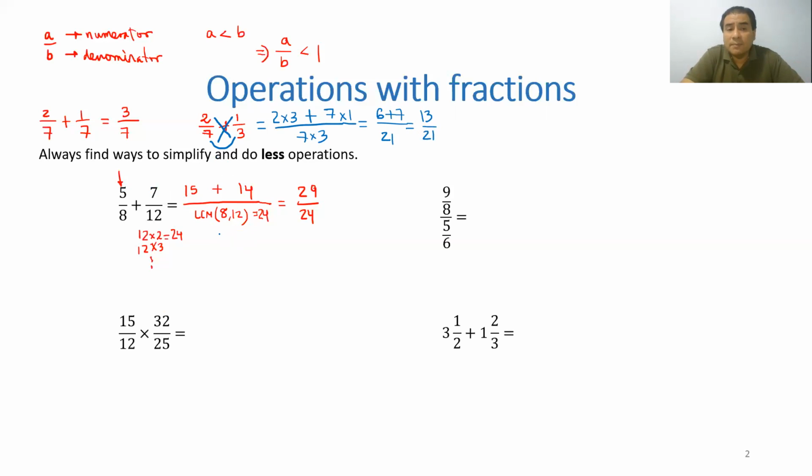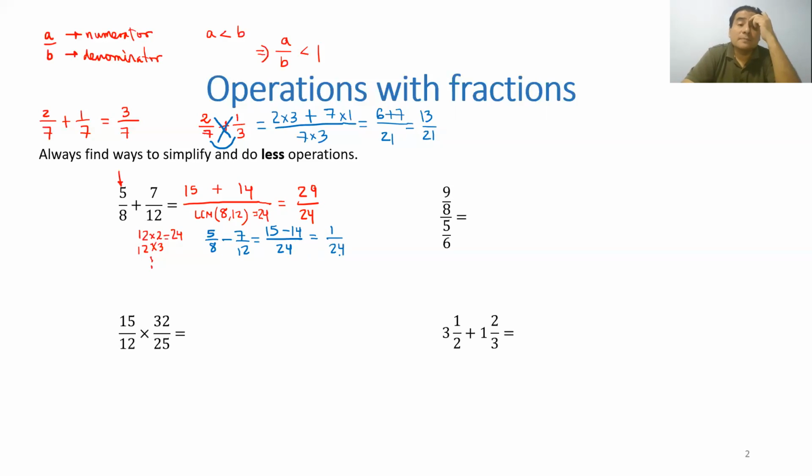If you had, for example, 5/8 minus 7/12, you just do the same steps, but in the middle of these two terms, we would have the subtraction operator. So this would give you 1/24.